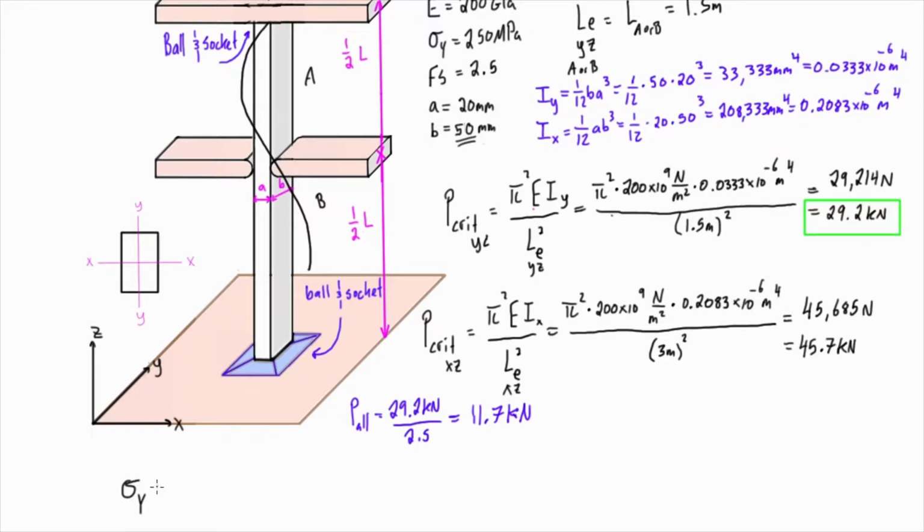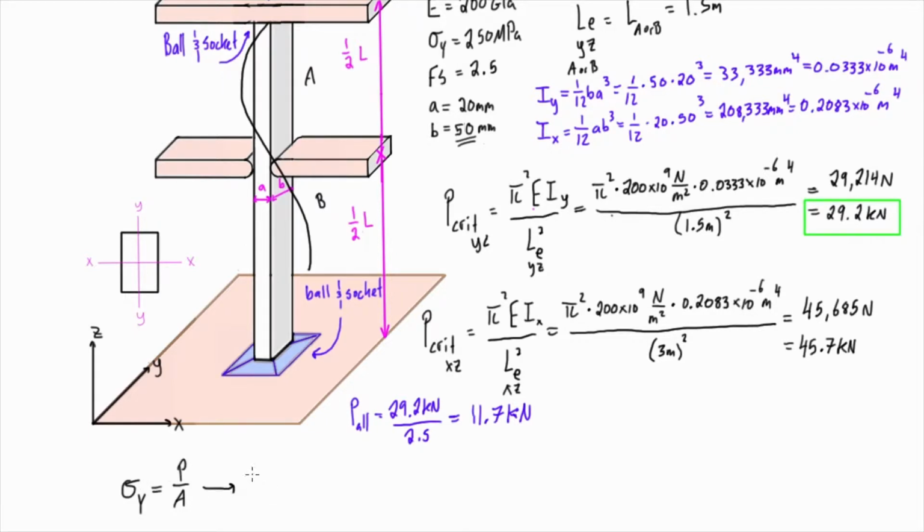So we have sigma y is going to be equal to just the applied load over the cross-sectional area. And 20 millimeters times 50 millimeters, that's going to be 1,000 millimeters squared. So we can just rearrange this to find the load that's going to cause yielding.